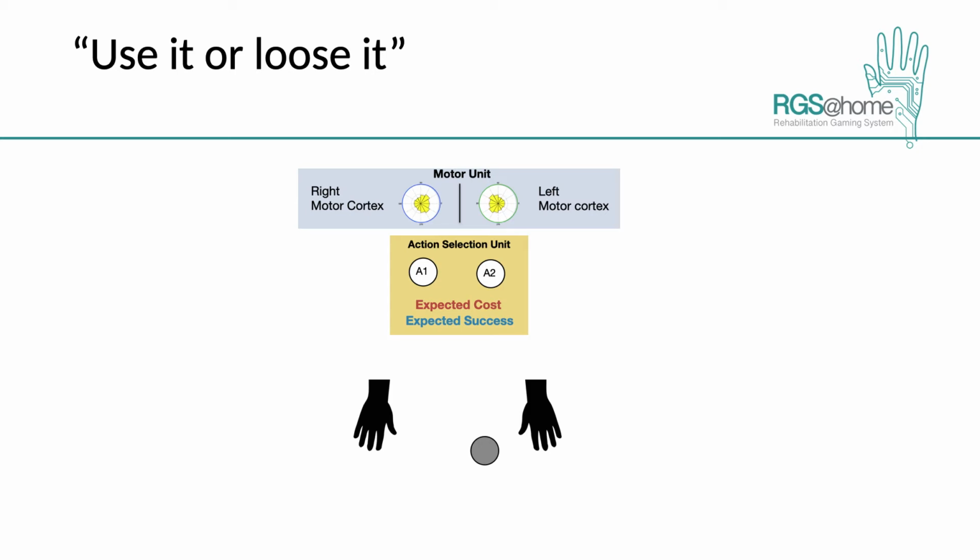And this action selection unit is taking into account the expected cost and the expected success of the action that is planned by the motor unit in order to take a decision about which action to execute. So each motor unit, the right and the left, are computing two different plans simultaneously corresponding to the two limbs. And these are the two motor plans that compete for execution.